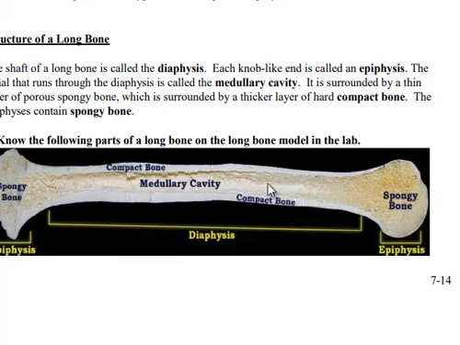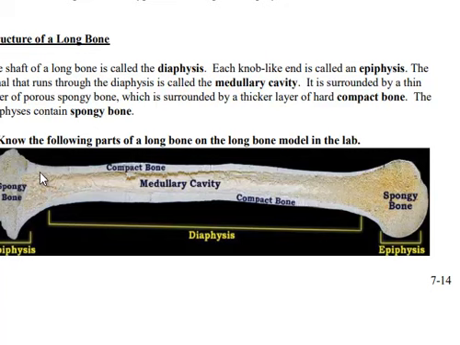And then you're having spongy bone at both ends. And this is to make your bones lighter. So you need your bones to be strong enough to support you. But if they were solid, like the compact bone out here where we're looking at osteons, your bones would be so heavy you would have trouble walking. So you have a lot of spongy bone to provide support, but not be quite so heavy.